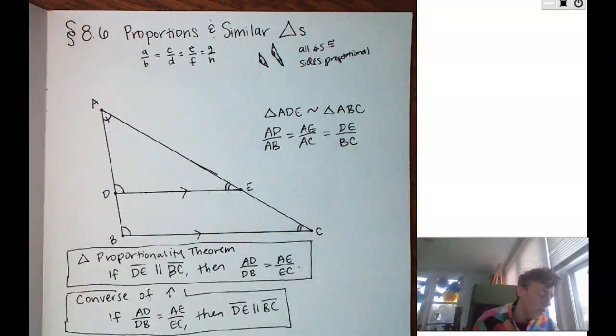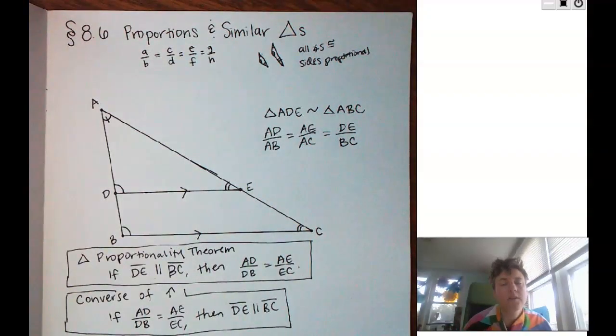Why? Well, if the sides are proportional, then those triangles are similar. If those triangles are similar, their angles are congruent. If those angles are congruent, then those are corresponding angles that are congruent, so we must have parallel lines. Wow!